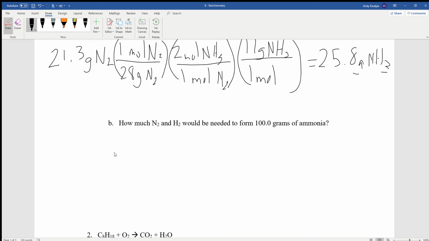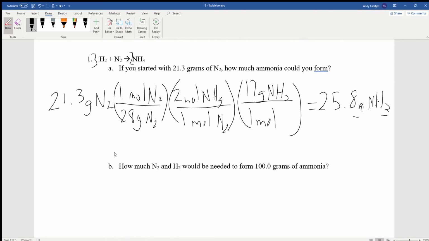Now in part B, we're trying to determine how much of the starting materials we need to make a certain amount of product. Specifically, what we're looking for is 100 grams of ammonia. So here we're just going to be working backwards. We're going to take the amount of ammonia that we need, 100 grams, and work our way backwards to the amount of each of the starting materials.